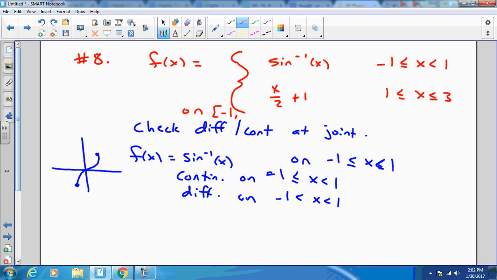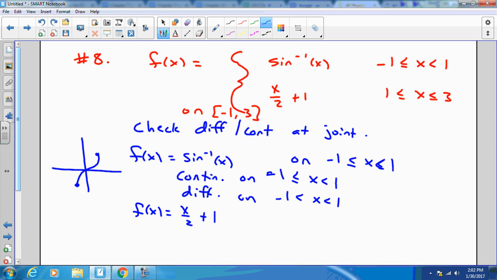In fact, just to be clear, the question here is asking about the interval -1 to 3. So I wonder about what happens at x equals 1, if the lack of differentiability in inverse sine could somehow be remedied. Turns out the answer is no, but let's get there.